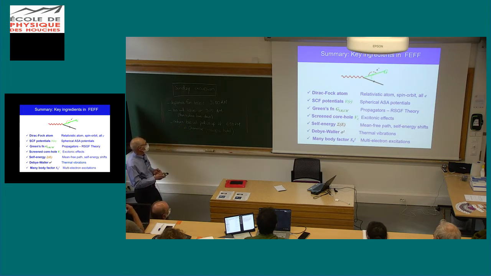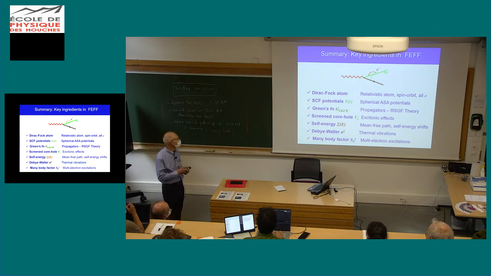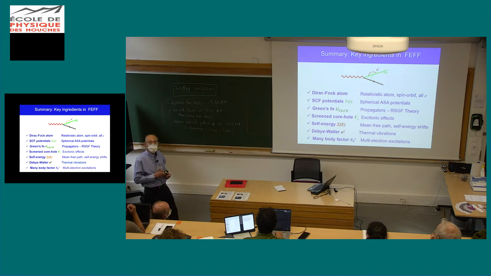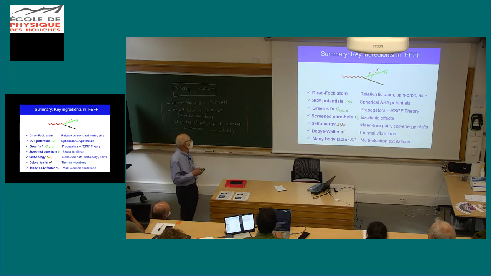Okay, Green's function propagators done with the real space Green's function theory, just like KKR, except that ours have built in the inelastic losses with the self-energy. The core hole is really an essential thing. I'll talk about how to get that, but typically it's a screened core hole.